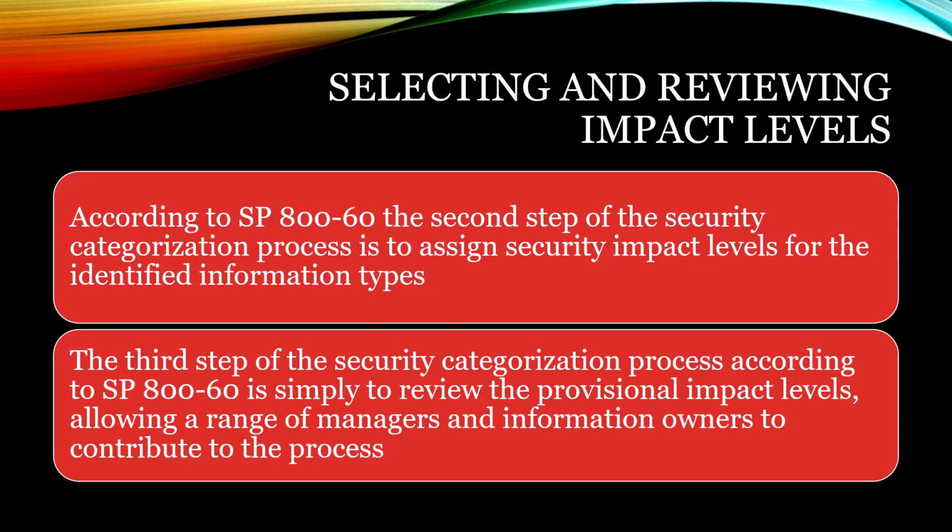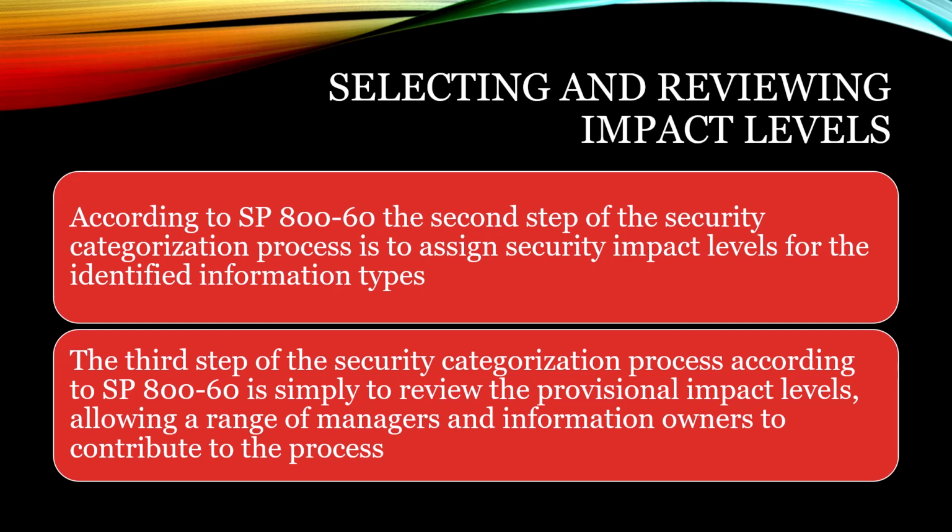So that means things like selecting and reviewing the impact levels is important. Again, according to the 860, the second step of security categorization is assigning the impact levels. The third step is simply reviewing the impact levels.